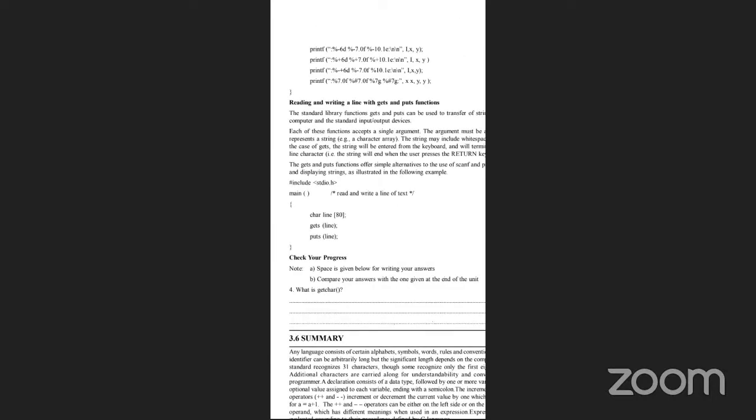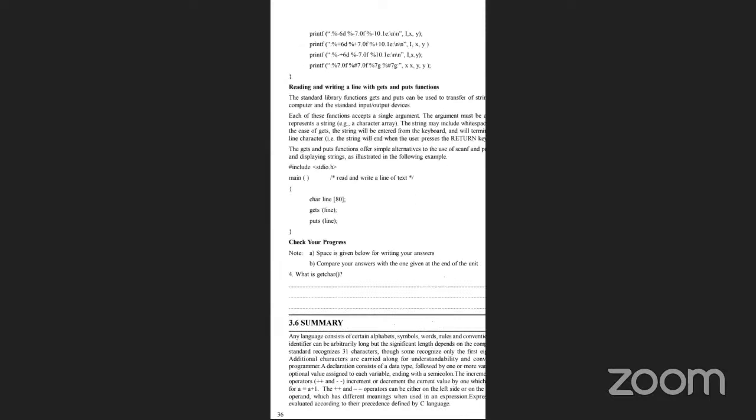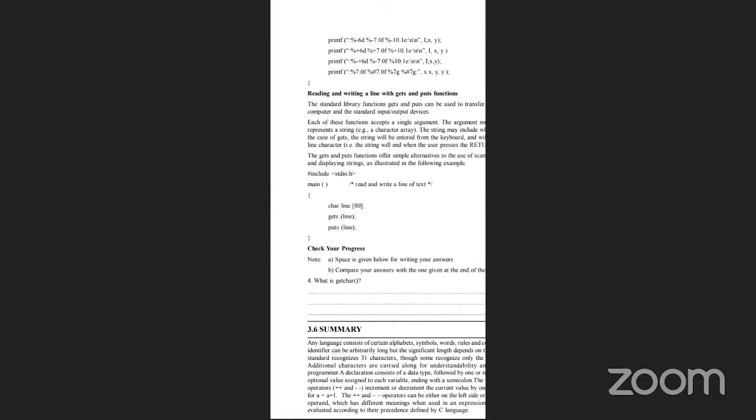It gets and puts functions. These functions can be used to transfer strings between the computer and the standard input and output. Each of the functions accepts a single argument. The argument must be a data item that represents a string.